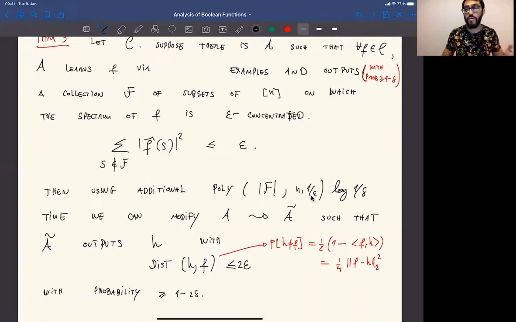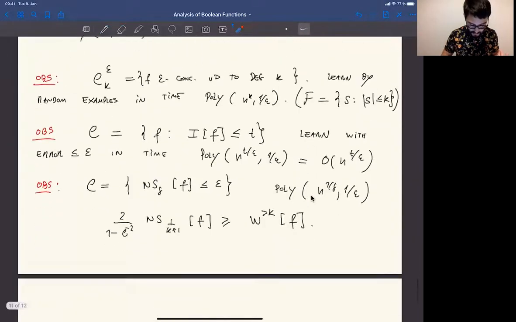So suppose you have an algorithm, random or not, we don't care, that can output a set where f is concentrated, then you can learn that class fast just using additional time. And using these theorems, we have these examples that I mentioned here.